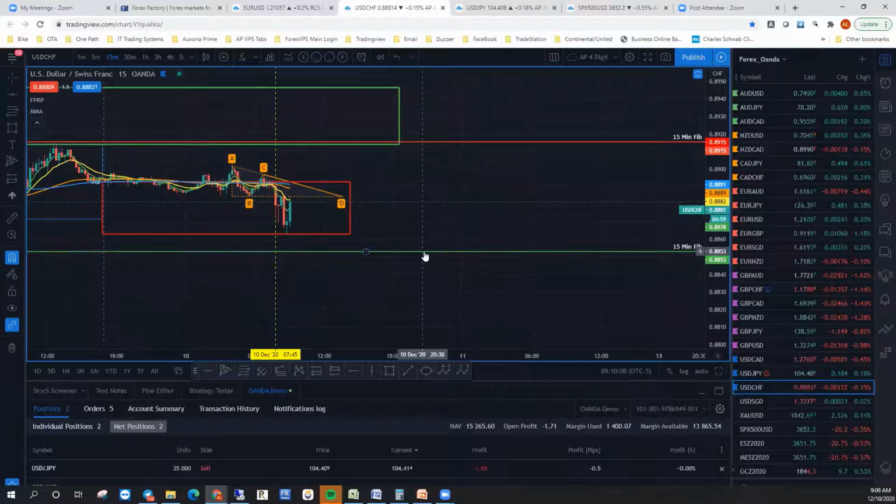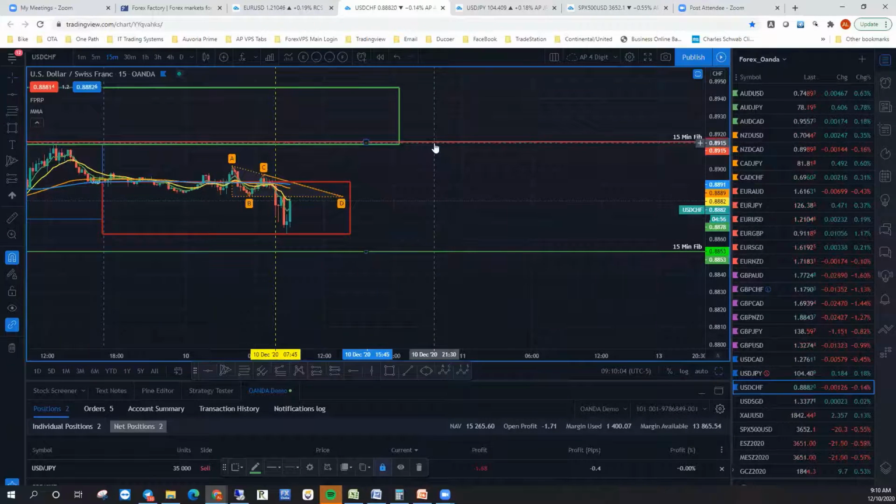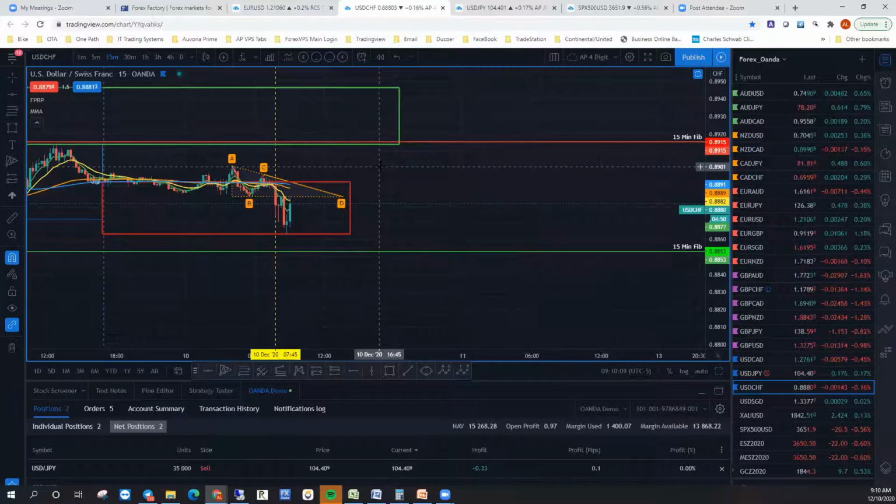I'm going to lock those. You can see it's inside of that range.